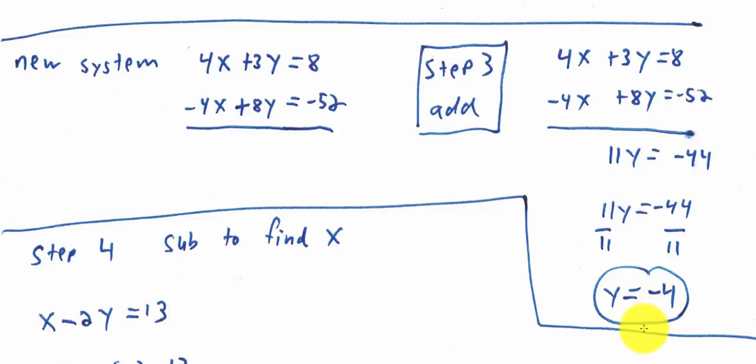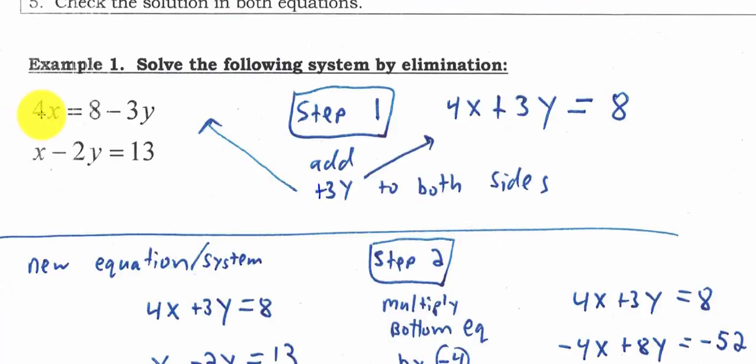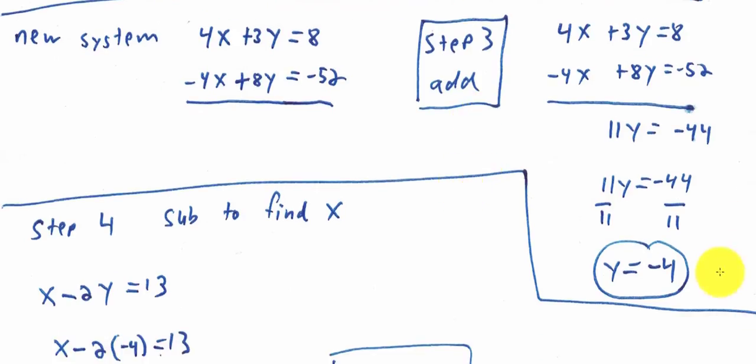Now, you might be tempted to pat yourself on the back and say, yay, I did it. But remember, this is really only half of the answer. The answer to a system of equations, really, we're asking what ordered pair is the solution. What value of x and y will make this thing true? Okay, so we found the y.